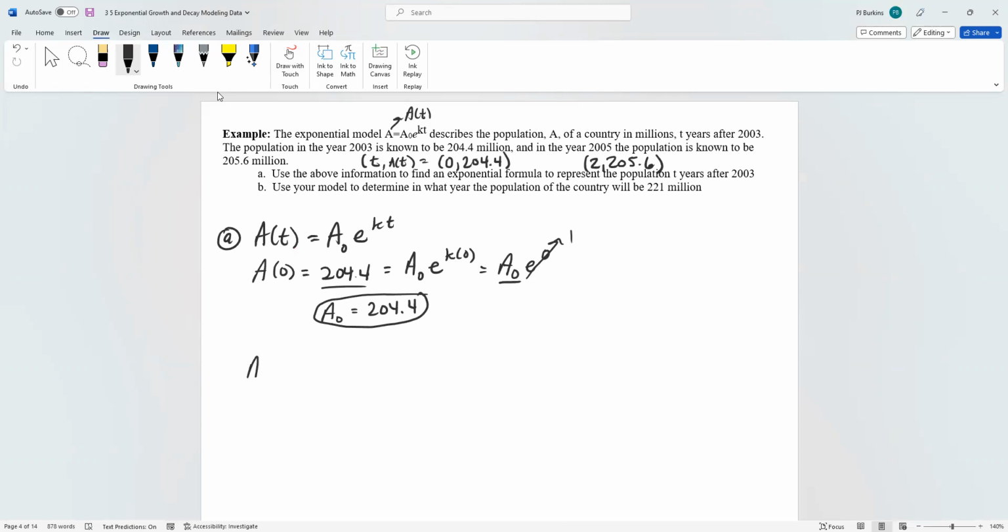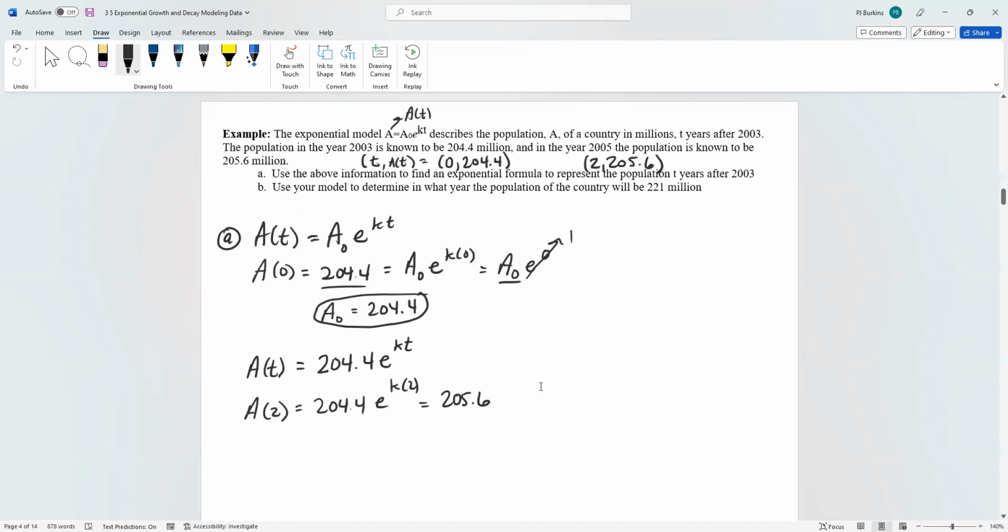So rewrite the equation with the new information. We know that A naught is 204.4. Okay. Now the second piece of information is when T is 2. So let's plug that in. So we have 204.4 e to the k times 2. And we know that this is equal to 205.6.